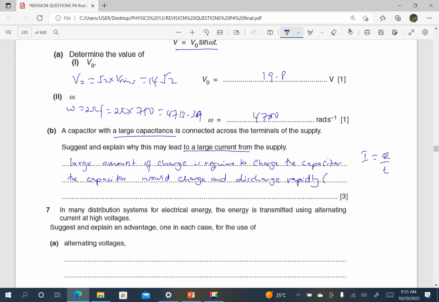When I say very rapidly, it means in a very short time. So it will discharge in a very short time.